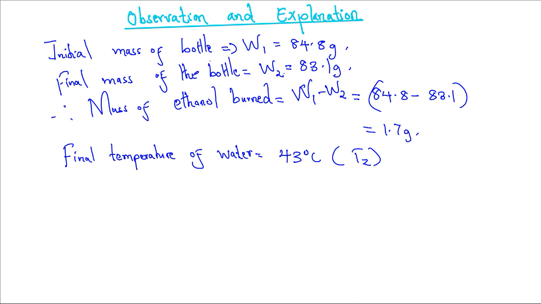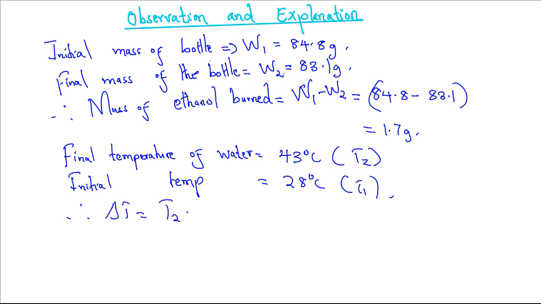Initial temperature of water is equal to 28 degrees Celsius, and that is T1, meaning change in temperature, that is delta T, is T2, the final one, minus T1, and that gives a difference of simply 28 subtracted from 43, and that is exactly 15 degrees Celsius. Good.